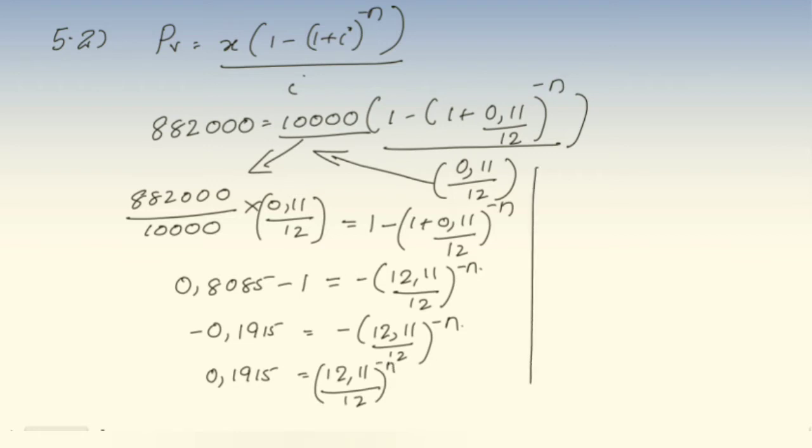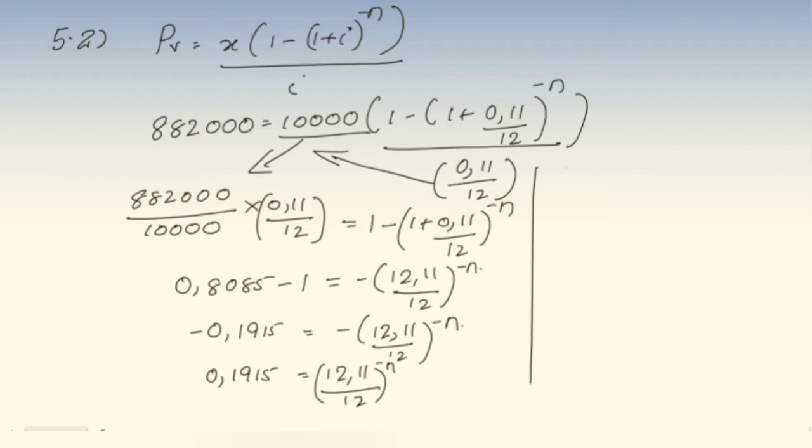Now we can apply log because we have simplified maximum. Otherwise, we cannot find the value of n. So you have to apply log to both sides. If you still have a problem with logs, I did one video on log. Please watch that.